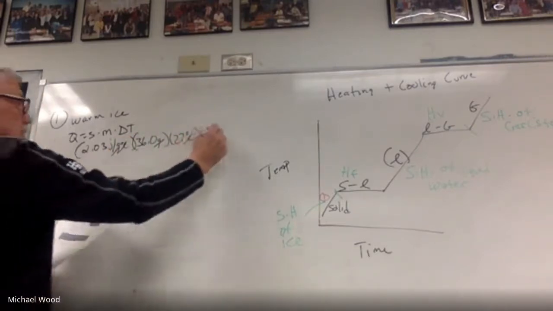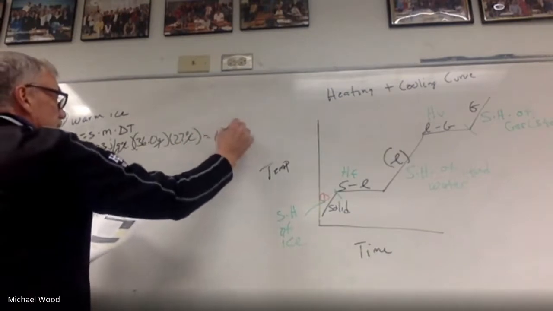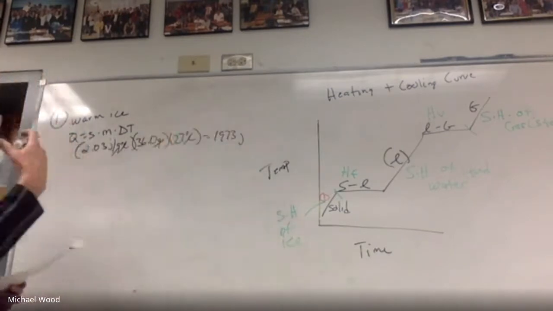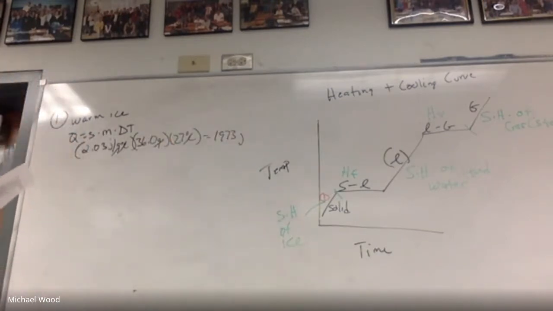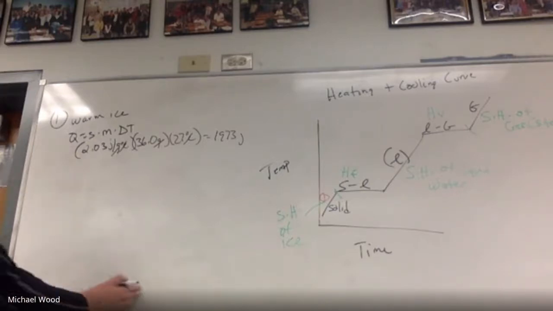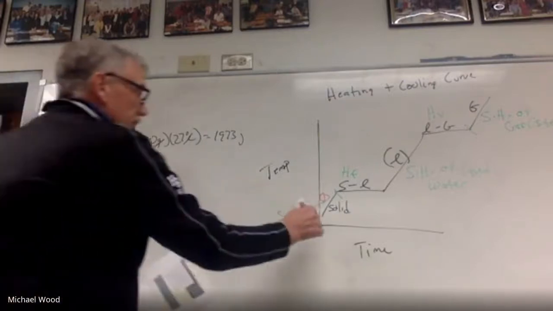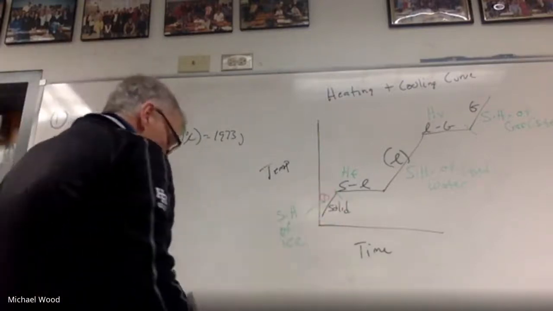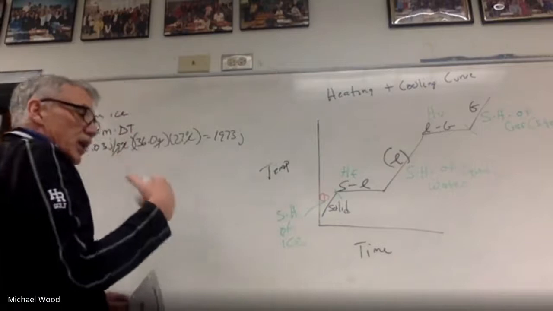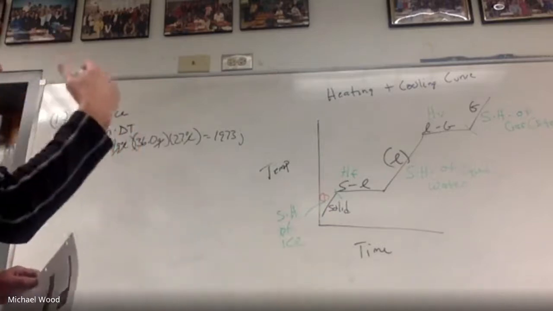What that gives me is 1,973 joules. And this is where I'm going to come back and look at the sig figs at the end. So that got me from here on the heating cooling curve. I took the solid ice at negative 27 and got it to 0.